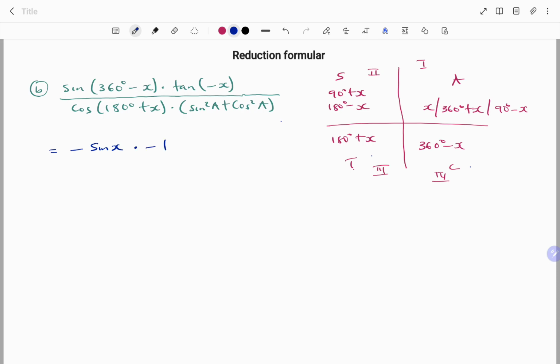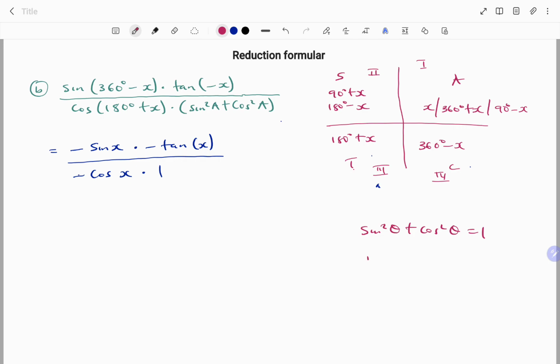So we have minus tan x over cos(180° + x). 180° + x falls in the third quadrant, and only tan is positive, so the value of cos will be negative. So we have minus cos x, and from the trig identities, sin² θ plus cos² θ equals 1. Theta here is a in this example, so that changes to times 1.